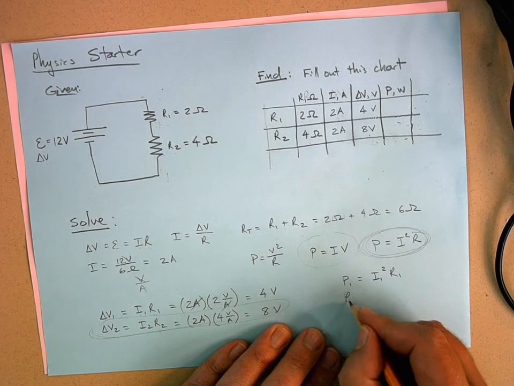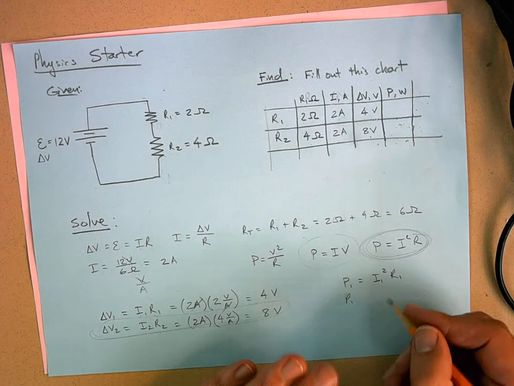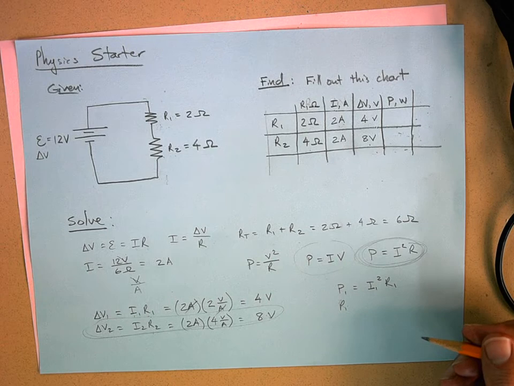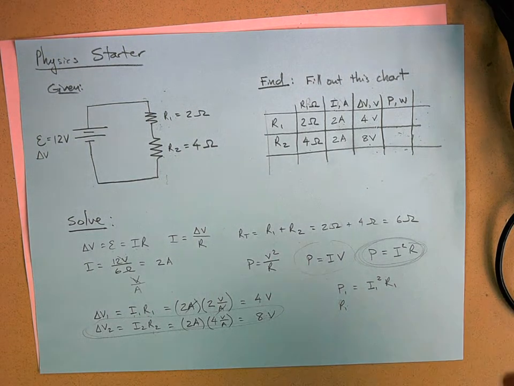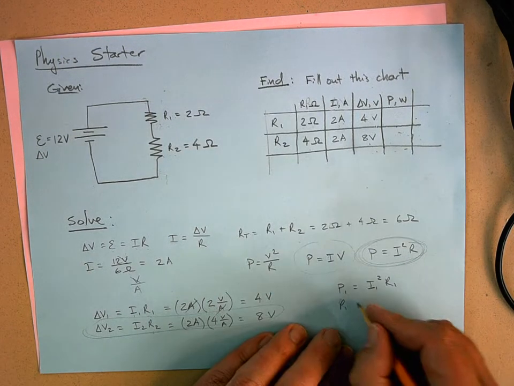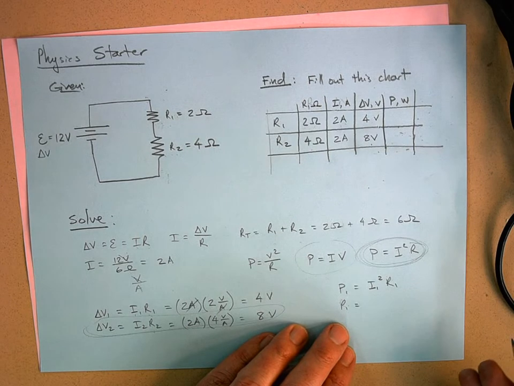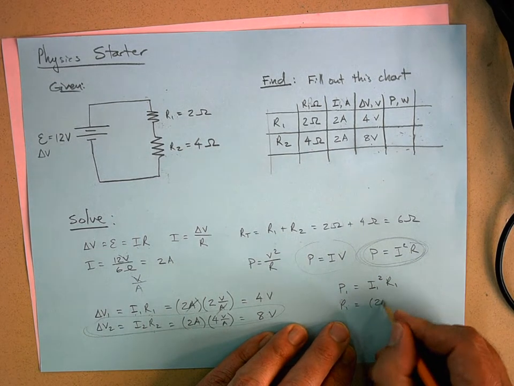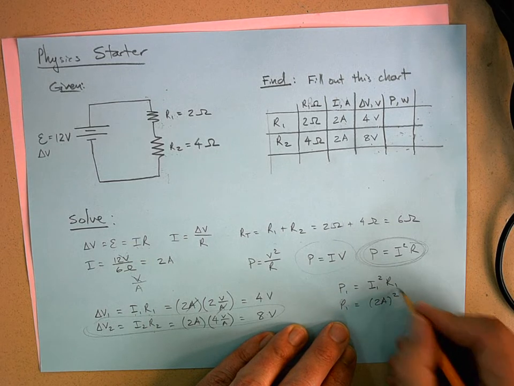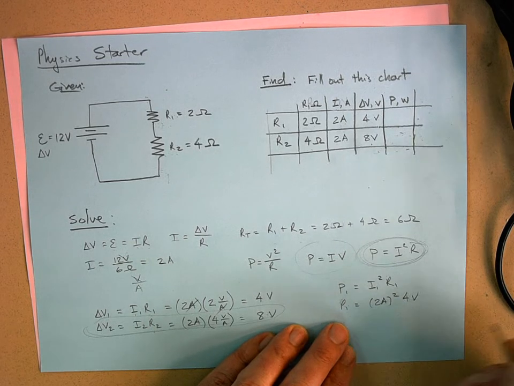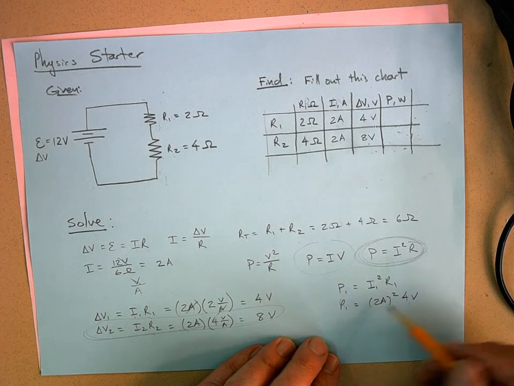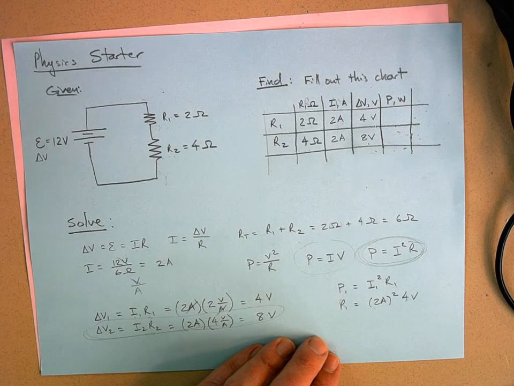Now, by the way, this is going to be multiple choice, so you don't have to show your work in as much detail as I'm doing, because the problems will be this easy. So you really don't even need a calculator. I mean, if you do, I'm sorry for you. All right, 2 amps squared times R1.